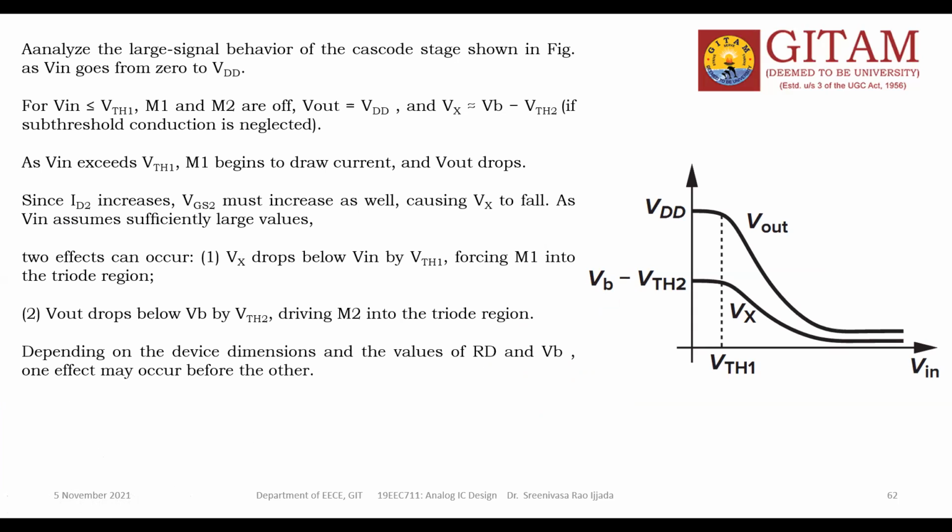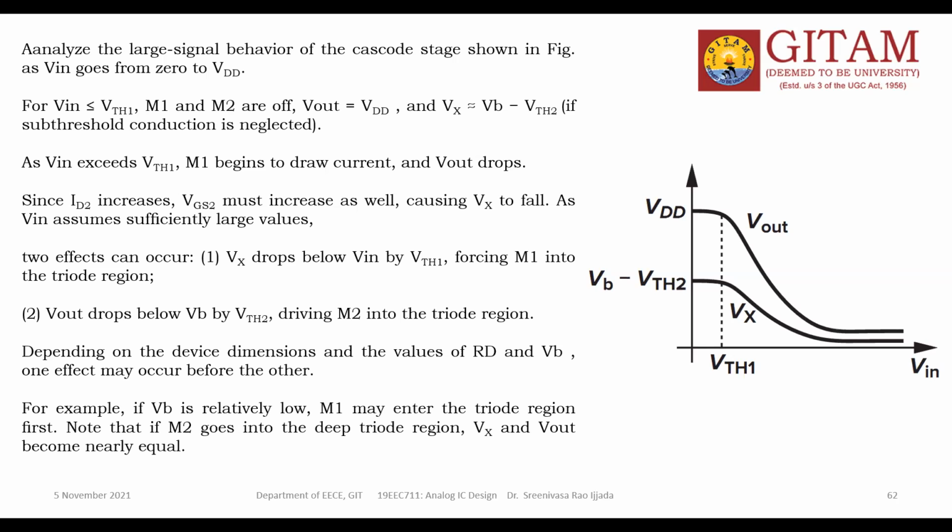Depending on the device dimensions and the values of RD and VB, one effect may occur before the other. I think both will not come at a time; one after another will come. That depends on the RD value, aspect ratios and biasing voltage. So I hope you understand these two things.